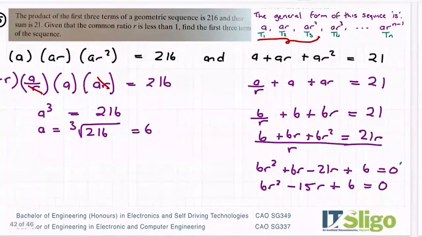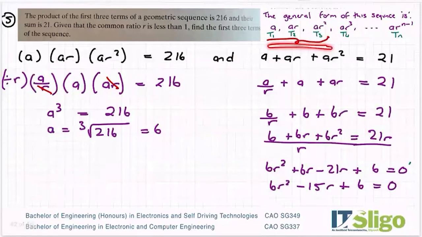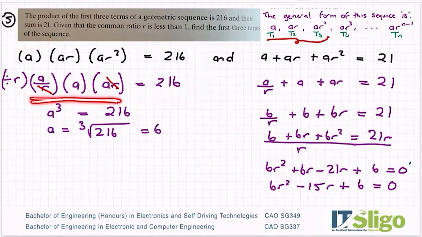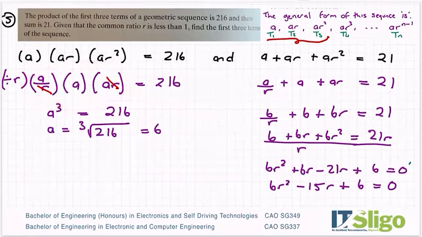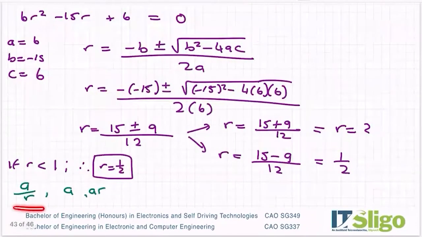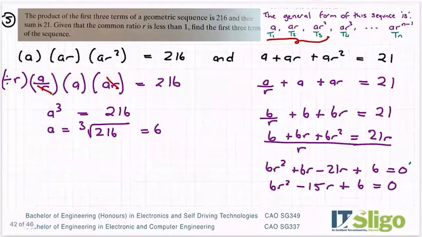Why am I using them and not these ones? Well, when I was solving for my a and my r, I did it with respect to a sequence that was r times smaller. Okay, so at all times I used a over r, a, and ar. I used it here to find my r. So therefore, to keep the proper ratio together, I need to use that when I'm writing out my actual sequence. So a over r, what was my a again?